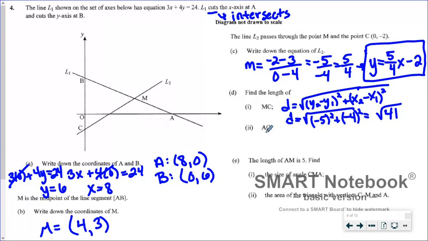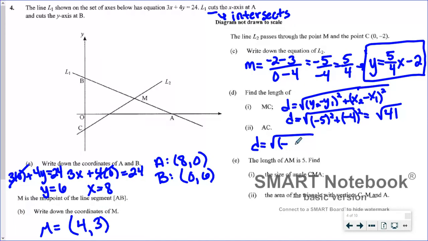All right, and finally AC. Well, A we have here is 8, 0, and C we have up here. So we do the same thing. So the distance formula is equal to, so here we're going to do y2, so negative 2, minus y1. We're doing A here, so y1 would be 0.